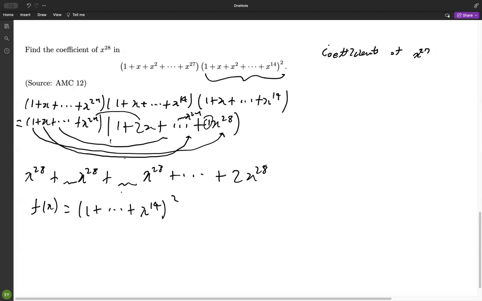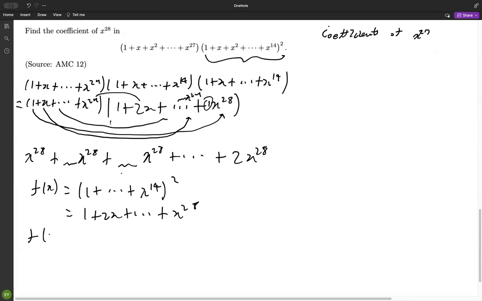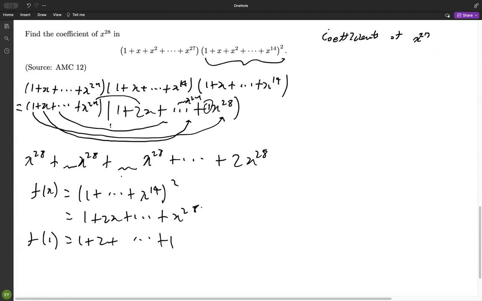Like I said, when we expand it, we will get 1 plus 2x plus something. Now, when we substitute 1 for x, then we get 1 plus 2 plus all the coefficients. We can simply substitute 1 in here because I think that would be easier.